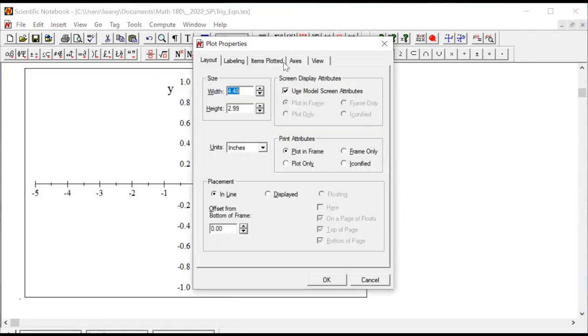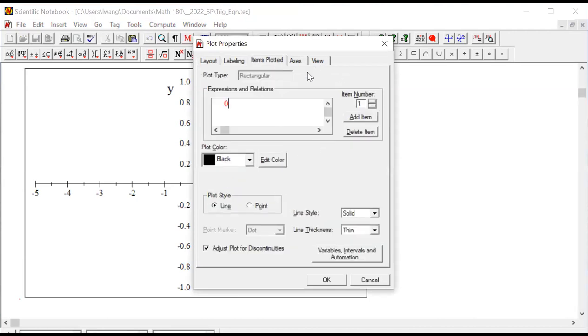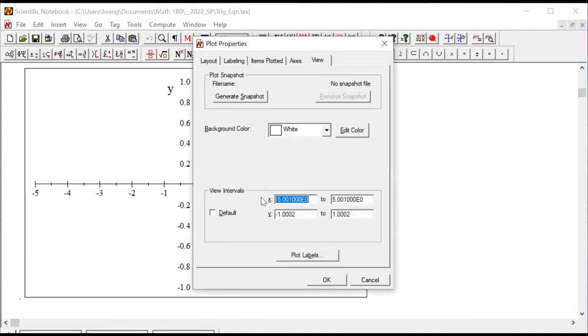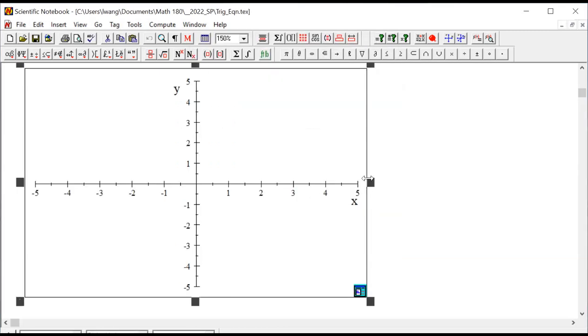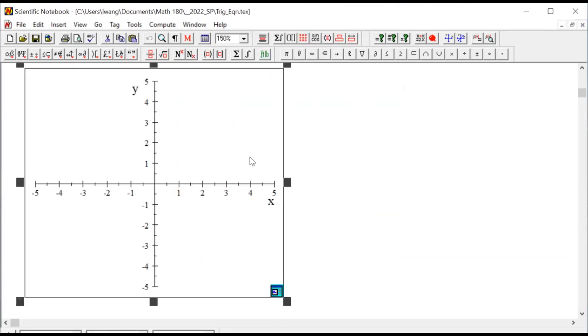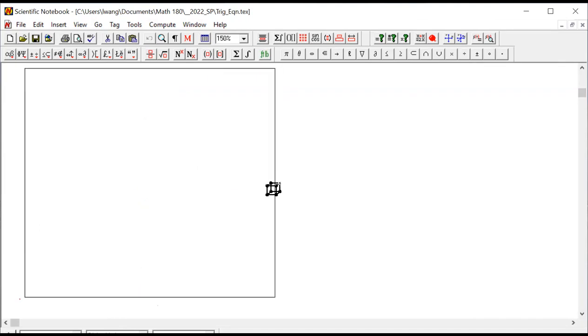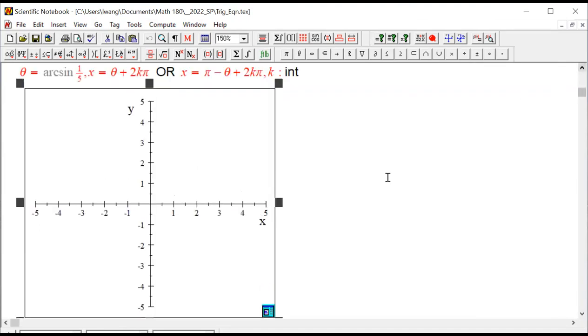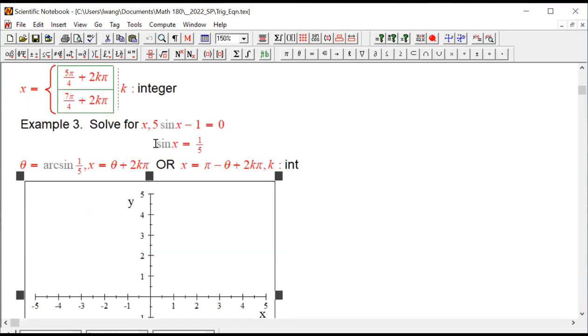Okay, we have 1/5, right? So we're going to mark those properly. There's a blue number, there's a red number. And that 1/5, because we know that sine x equals 1/5.